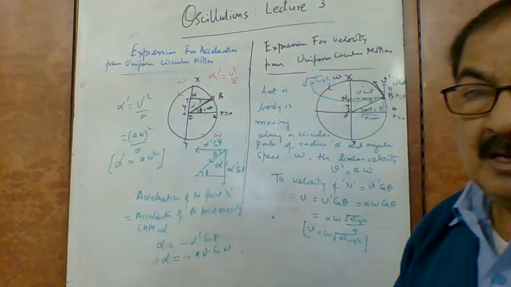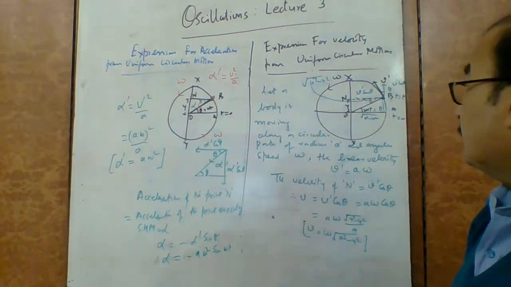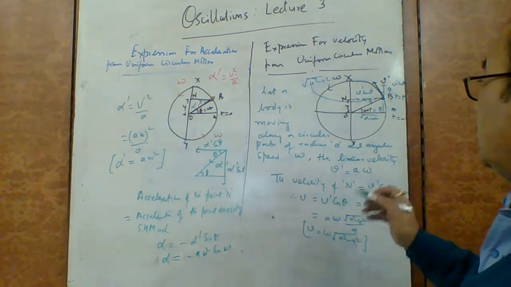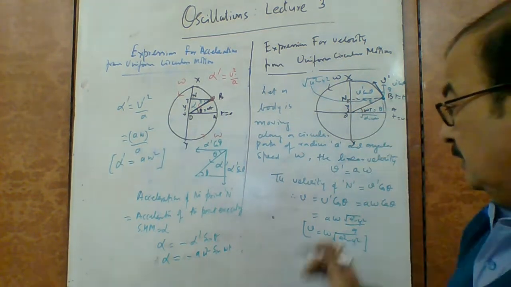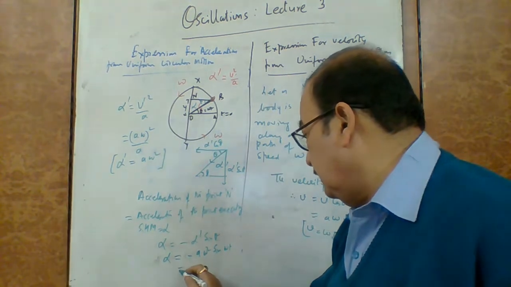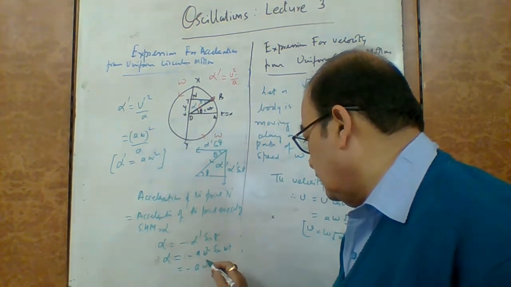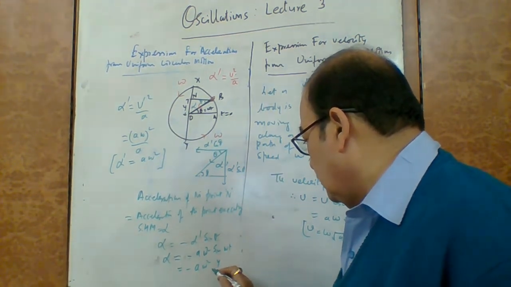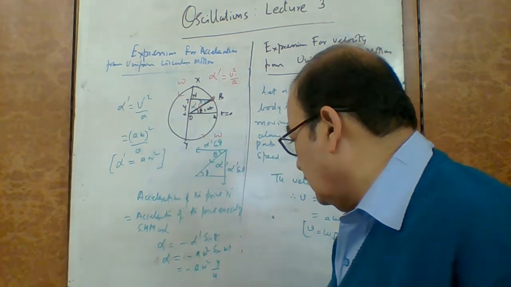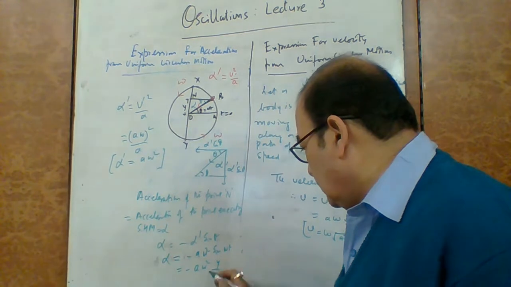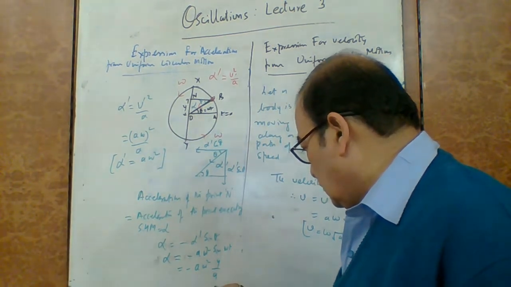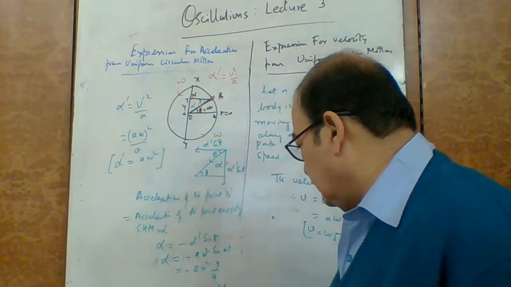Alpha equal to this much, and sin omega t or sin theta, from this diagram it is very clear, is always equal to y upon a. Y upon a, minus a omega square y upon a, the a cancels out, therefore alpha comes out to be minus omega square y.